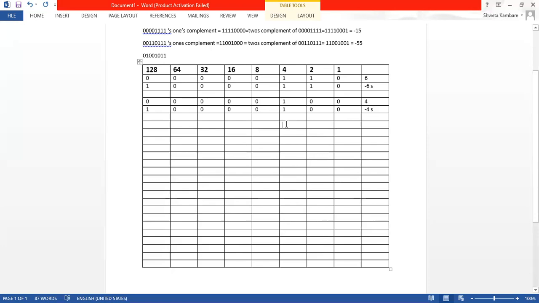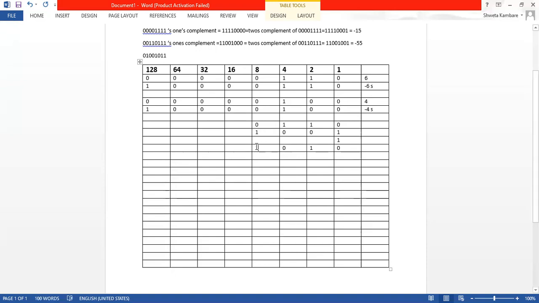Okay, so for 4 bits, 6 will be 0 1 1 0, and its 2's complement will be 1 0 0 1, and then plus 1. 1 plus 1 is equal to 0 carry 1, and 0 plus 1 is equal to 1, and the remaining part will be the same, 0, and this will be 1.